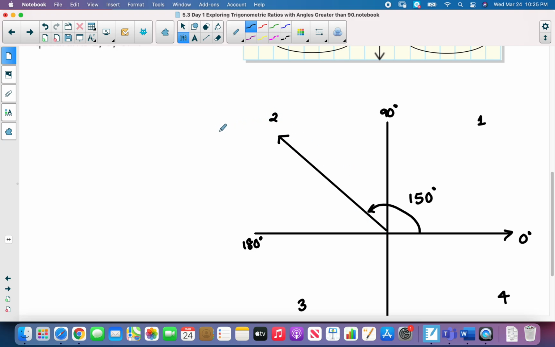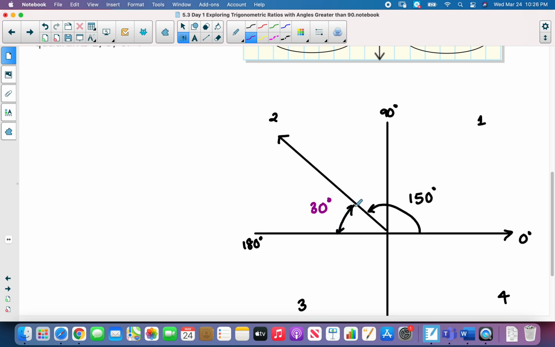So what we're going to do is find the related acute angle that is related to the 150. When I say that, I mean, what would this angle be in the first quadrant? So this angle here is 180 minus 150, which is 30 degrees.